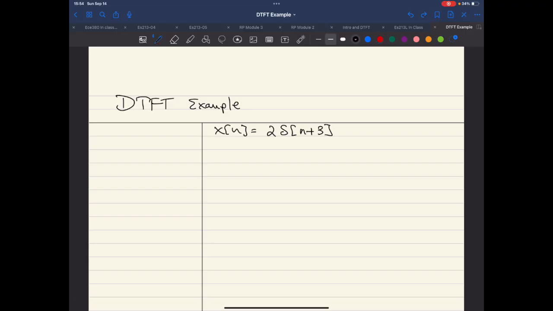We're going to look at an output that's given to us in the form of a recursive equation here. We call this by a number of different names, but in particular for discrete processing, we call this the difference equation.